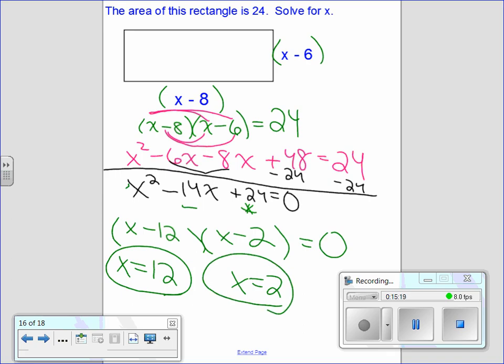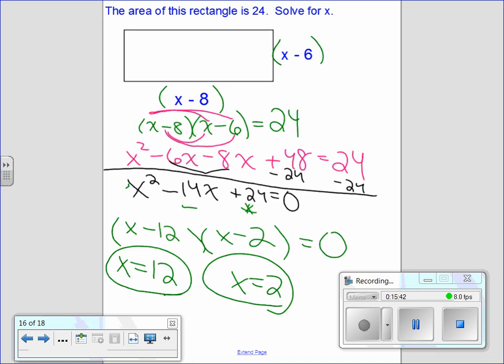But wait, this is a real-life problem involving real-life dimensions, like the dimensions of a rectangle. So you have to kind of check that your answers make sense. If I put a 12 in here, I would find out that the length of my box is 4. If I put a 12 in here, I would find out that the width of my box is 6. Everything's kind of okay with that.